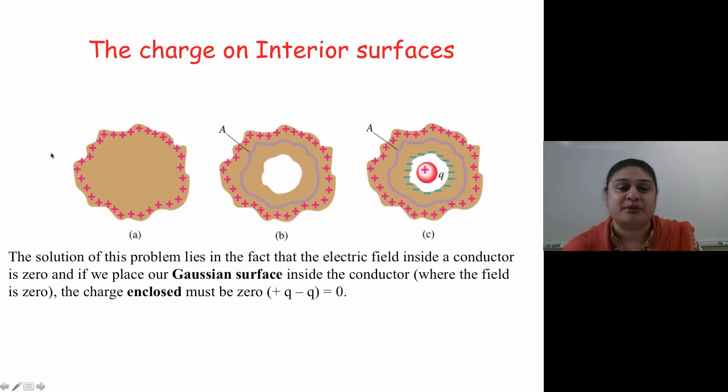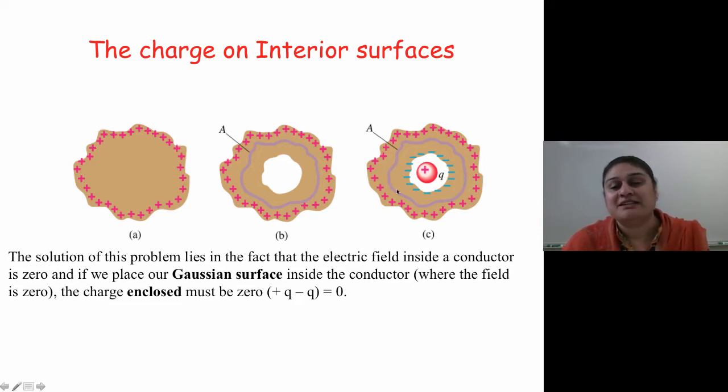For example, let's say we put a Gaussian surface right here. There's no charge inside, so there's no flux, and hence there is no electric field. What about if our Gaussian surface is here? There is still no Q enclosed, so the electric field will be zero.